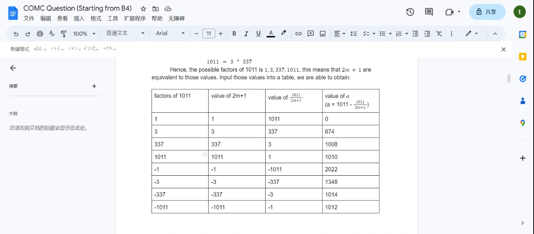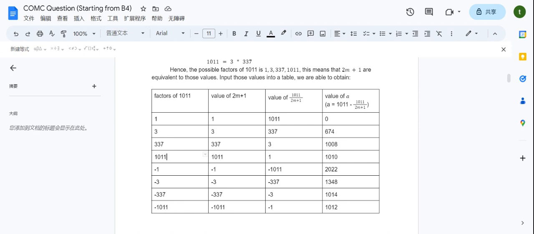We can say that the factor of 1011 is negative 1, which means that 2m plus 1 is negative 1 as well. And hence 1011 divided by negative 1 is negative 1011, and the value of a is 1011 minus negative 1011, which is equal to 2022.